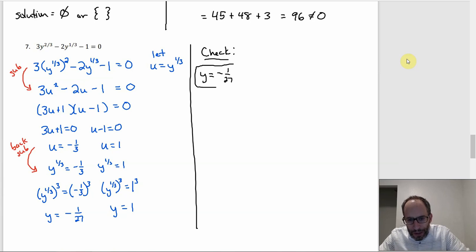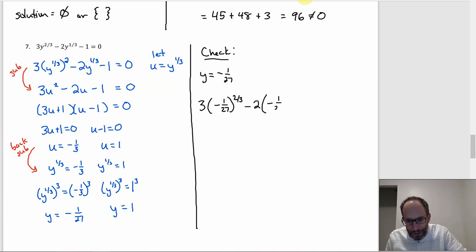All right, so negative 1/27th. Let's see what we get out of this. So we'd have 3 times negative 1/27th to the 2/3 minus 2 times negative 1/27th to the 1/3, and then minus 1, and we'll just have to see what we get out of this.